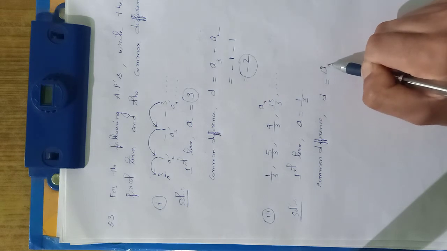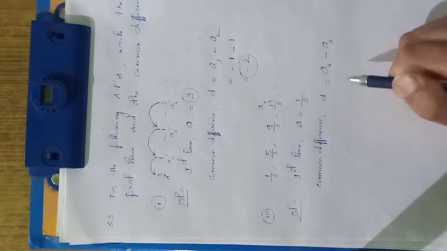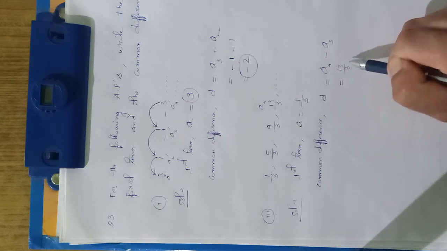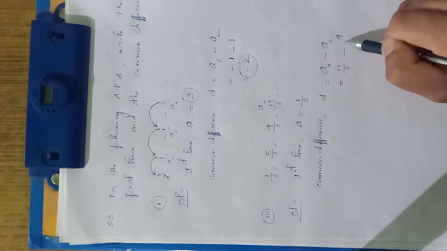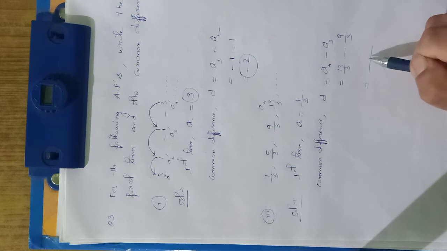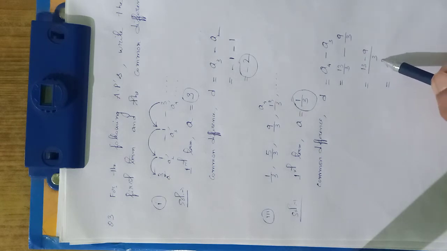Then with this fourth term, we subtract its preceding term, that is third term. Now your fourth term is 13 by 3, your third term is 9 by 3. Now this gives you 13 minus 9 by 3. It gives you 4 by 3. So the first term of the series and the common difference of your series has been determined.